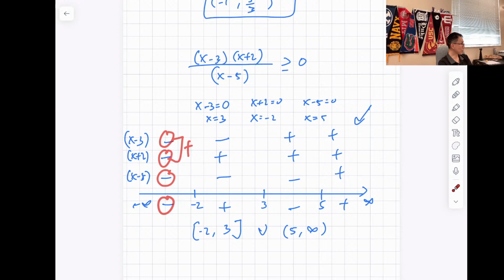Samuel, does that make sense? So now you see this negative times positive, that's going to be negative, but this negative times this negative is equal to positive. So the rule of thumb is just count how many negative signs there are. If there are an even number of negative signs, then it's automatically positive. If there are an odd number of negative signs, it's automatically negative. Samuel, good question.